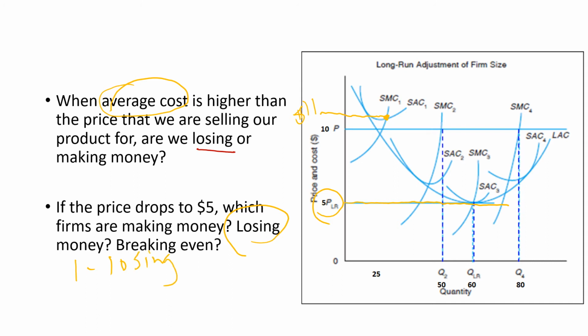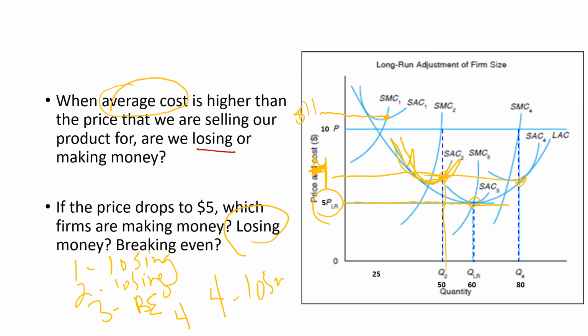Does firm 2 have a greater average cost than $5? The answer is yes. They had an average cost of $7, so they are losing as well. Firm 3 had an average cost of $5, so they would be breaking even. If it costs them $5 to make the product and they're selling the product for $5, they'd be breaking even. And then firm 4 has an average cost of $7, which is greater than $5, so they're going to be losing as well.